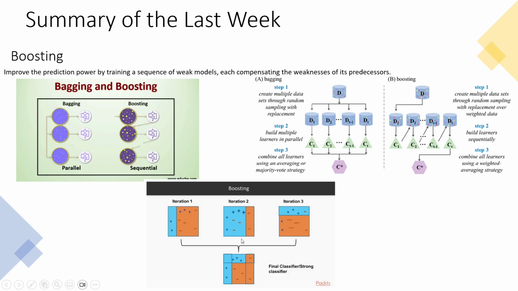But with this weak learner, these guys are correctly classified, now these guys are incorrectly classified. Now in this iteration, we boost them, and our third weak learner is trying to correctly classify these guys. Once we combine all these three iterations, we come up with basically a more robust learner or predictor.